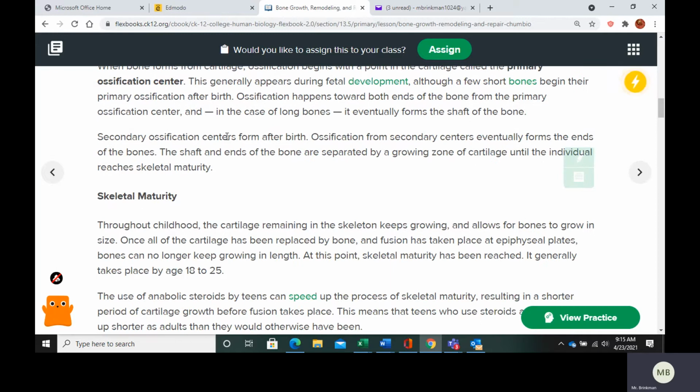Secondary ossification centers form after birth. So primary, before birth; secondary, after birth. Ossification from these secondary centers is going to form the ends of the bones. And then the shaft and ends are going to be separated by a growing zone of cartilage until skeletal maturity, which is when your skeleton is done growing.